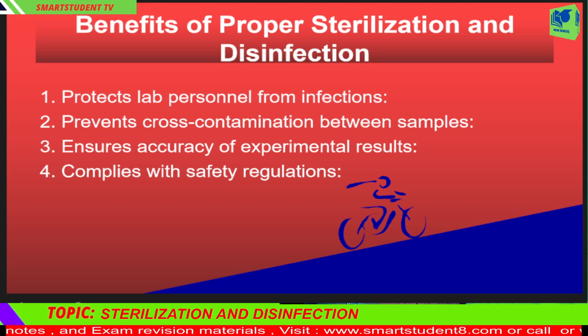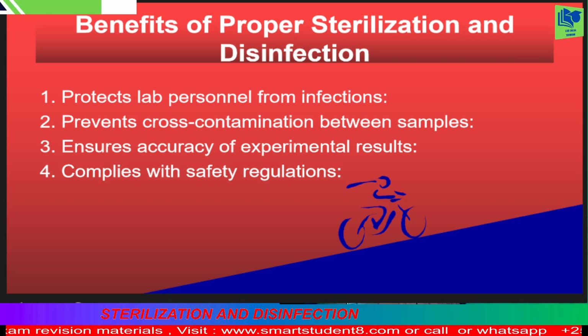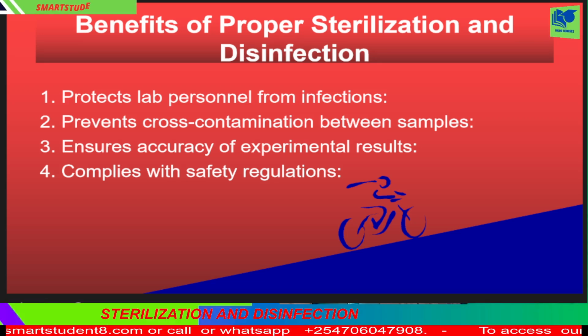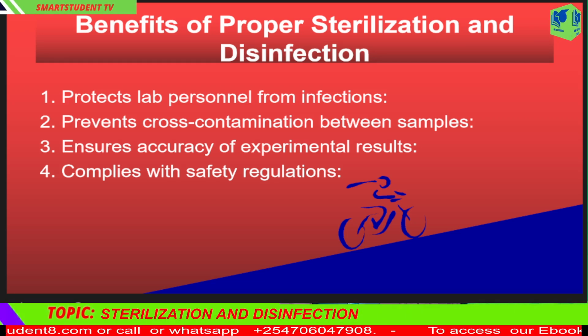Ensures accuracy of experimental results. Sterilization minimizes the risk of microbial interference in experiments, leading to accurate and reproducible results. 4. Complies with safety regulations. Laboratories are required to adhere to strict sterilization protocols to meet safety standards and avoid legal or regulatory consequences.